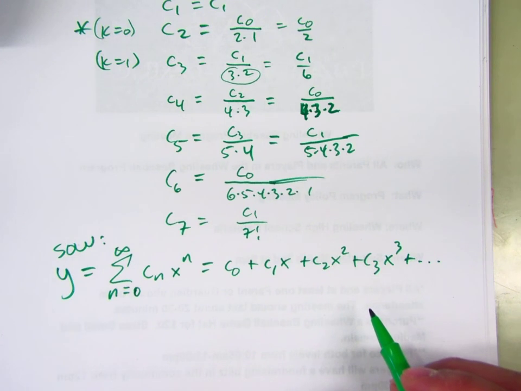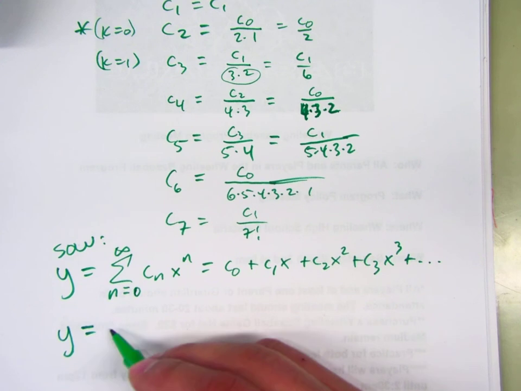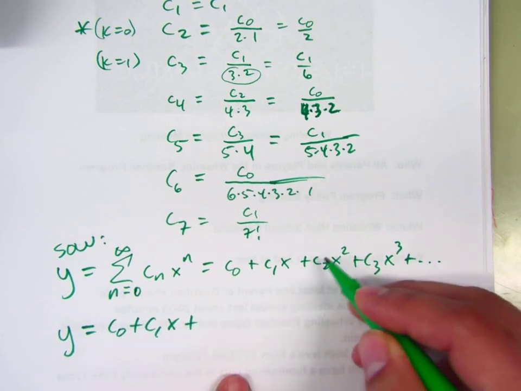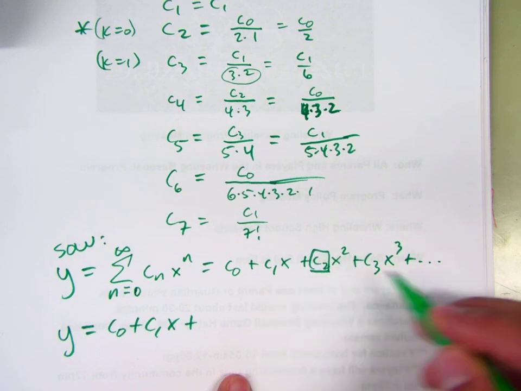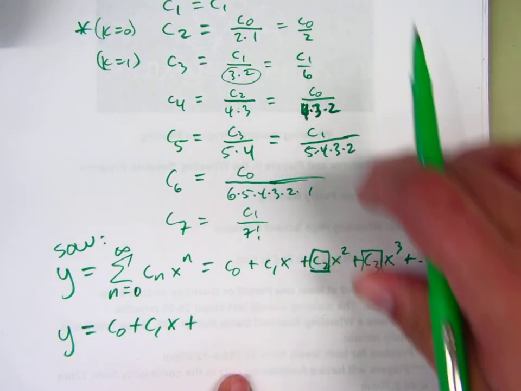Well, let's start writing it out. So c0 is good, c1 is good, but now here is where we start replacing with the coefficients that we got up above.